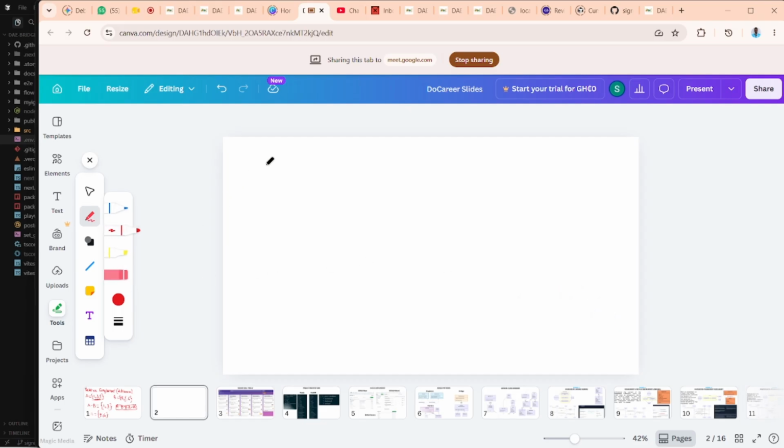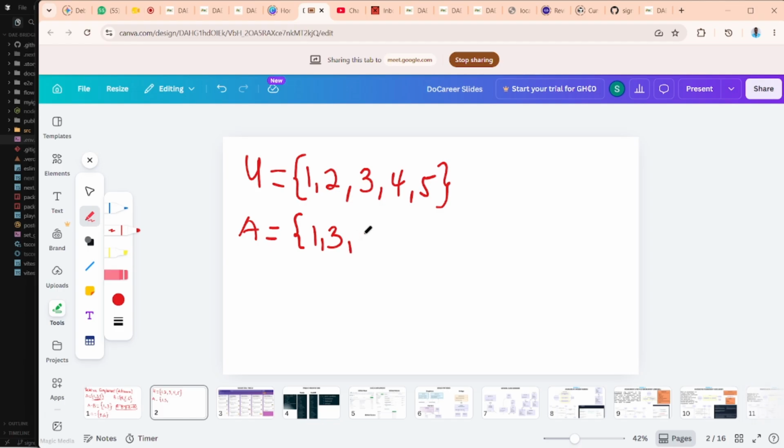So let's say our universal set is equal to the set 1, 2, 3, 4, 5, and let's say A is 1, 3, 6. Then we have to find the A complement. What do you think will be the A complement?